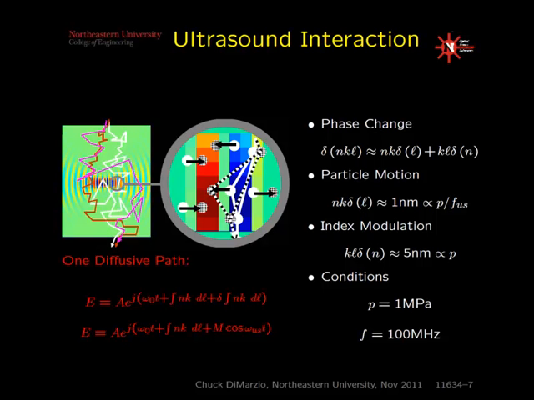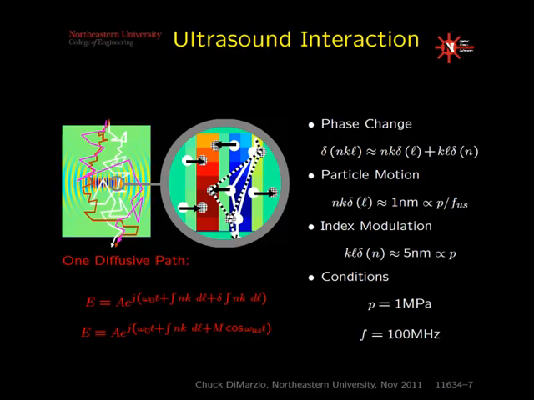By the way, I should mention that the optical path length changes that we're talking about here, around a megapascal of ultrasound pressure, turn out to be in the single-digit nanometers. And depending on such things as frequency and the type of the material, the scattering effect or the index of refraction effect may be dominant.